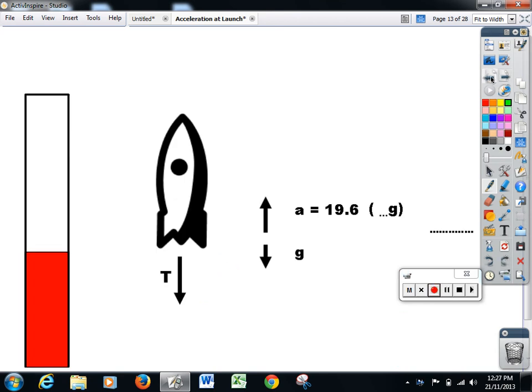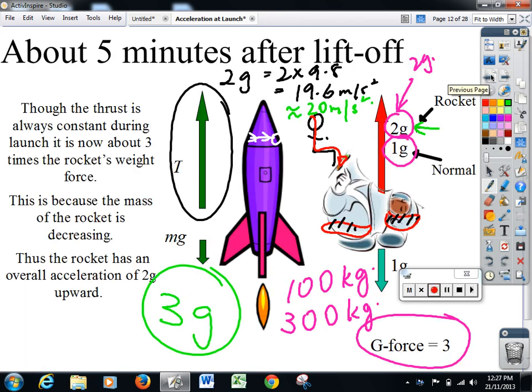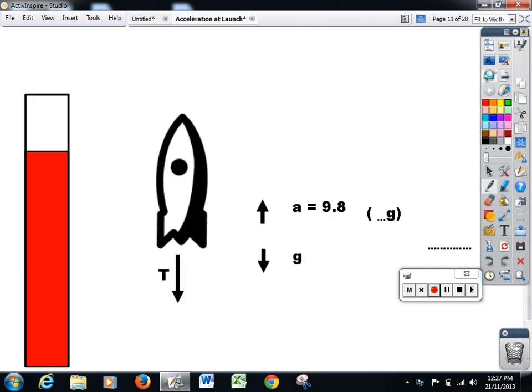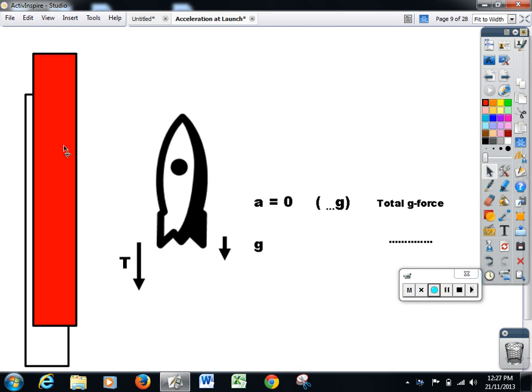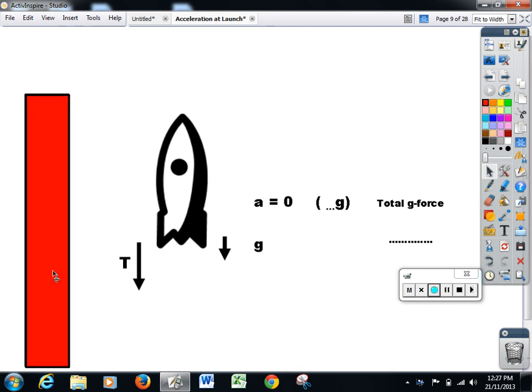Now, why is this acceleration in terms of g increasing? To understand this, we have a look at this diagram here. This bar here, this thing I'm moving around now, represents the fuel tank.